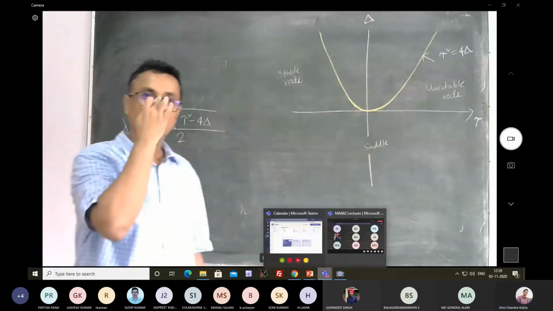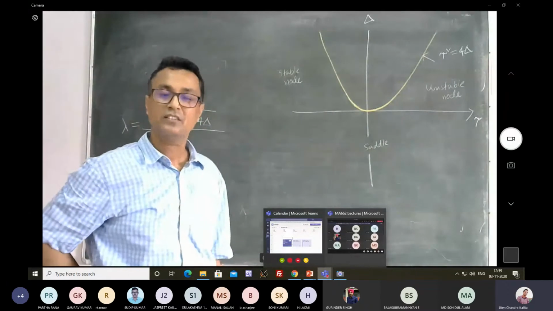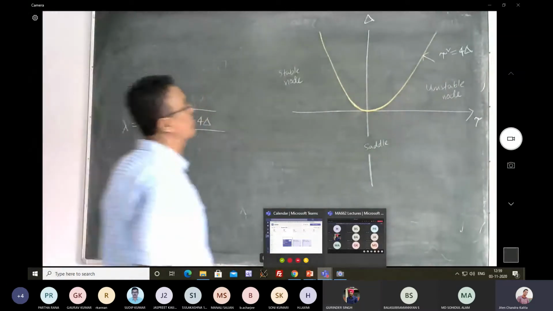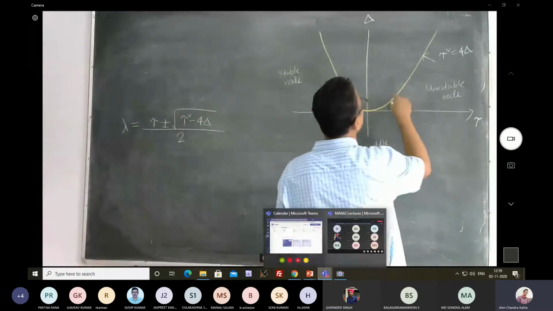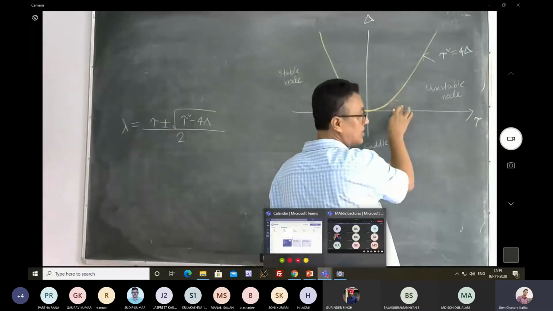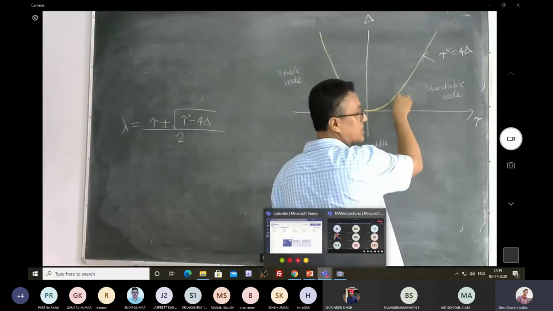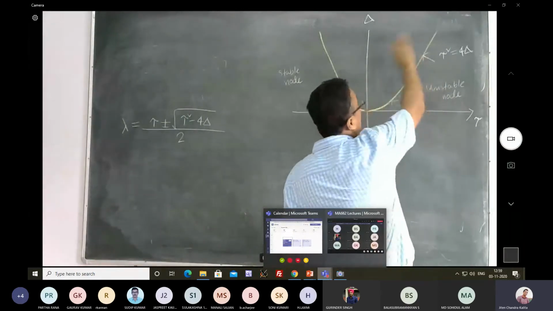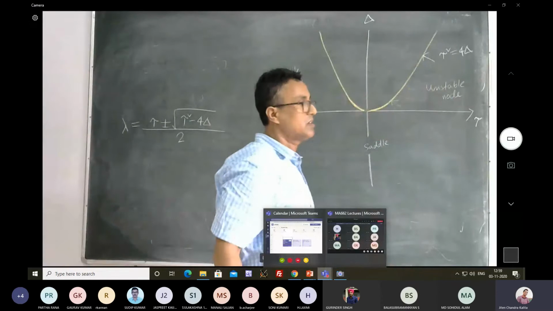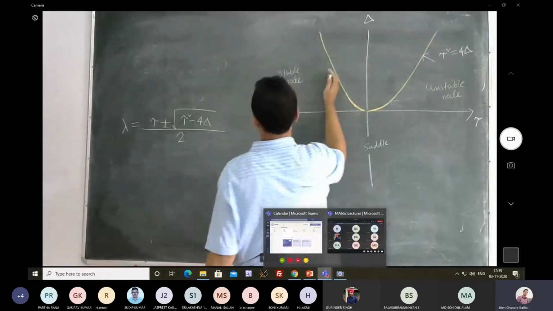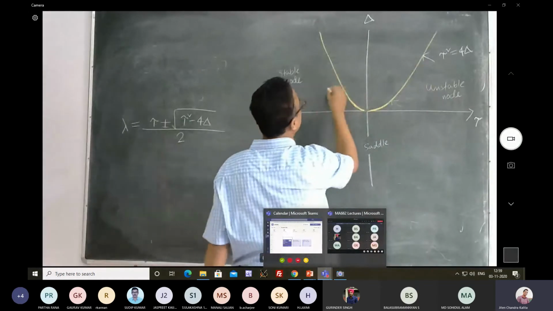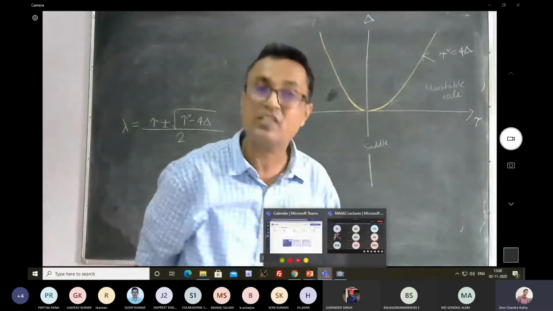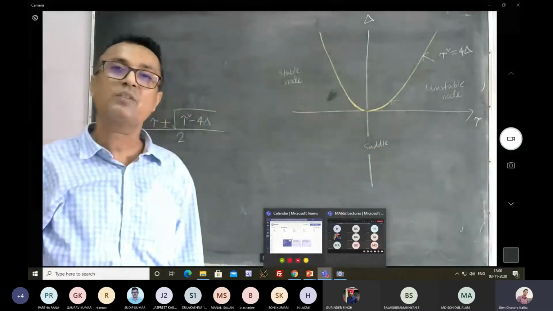Earlier, in the case of equal roots, I had a degenerate unstable node corresponding to this line in the positive tau part, and similarly, if tau is negative, a degenerate stable node.